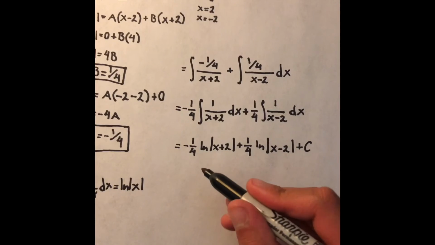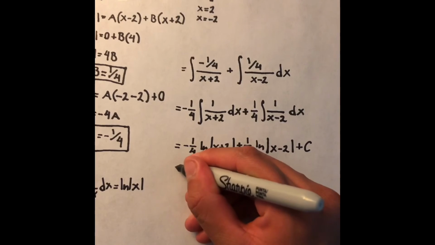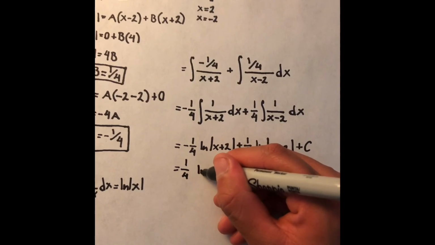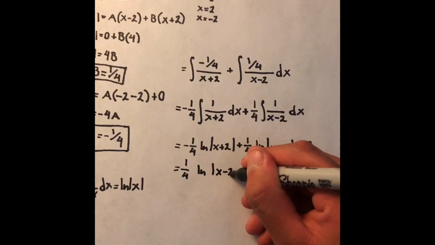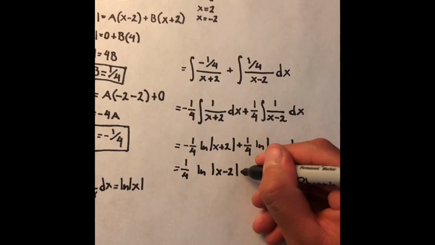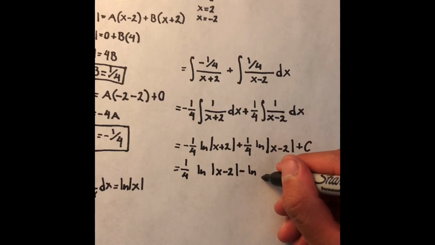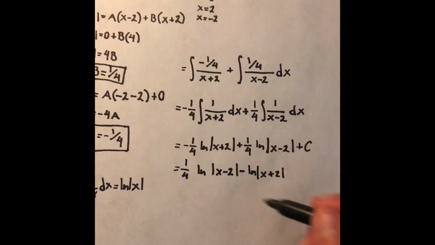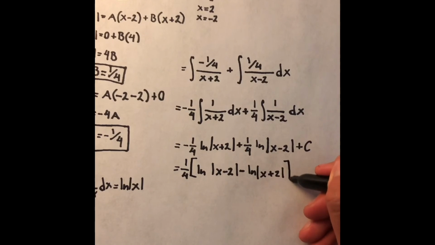The next step is to factor 1 over 4 out of this expression, like this. This is 1 over 4 times ln of the absolute value of x minus 2, minus ln of the absolute value of x plus 2, plus the constant of integration.